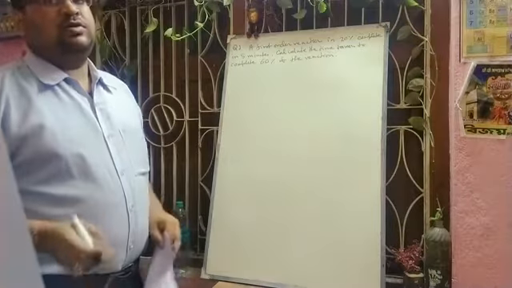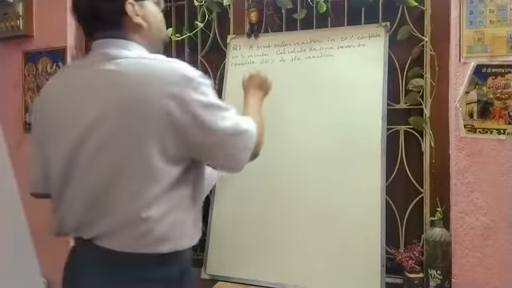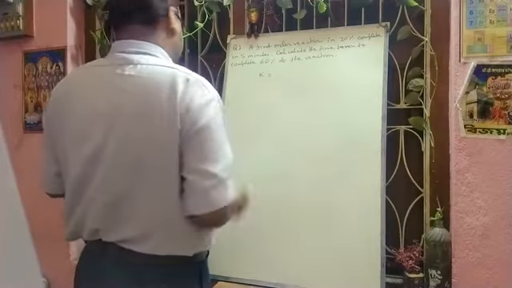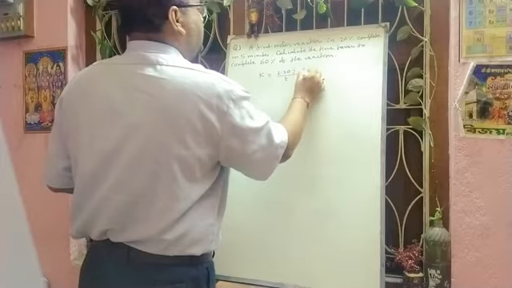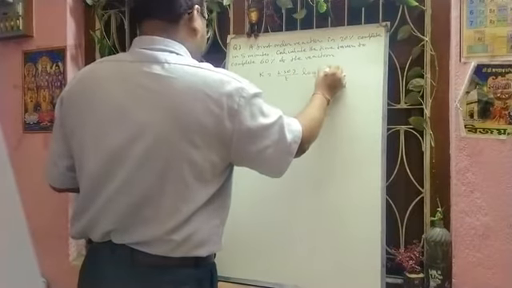Okay, so we know the formula first. For a first order reaction, K is equal to 2.303 divided by t, log a by a minus x.